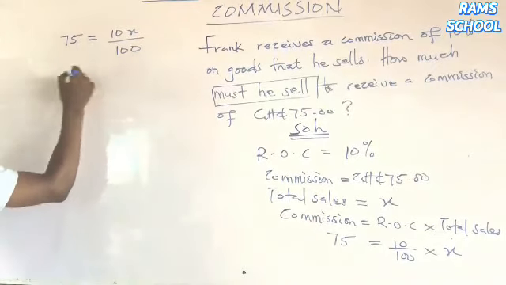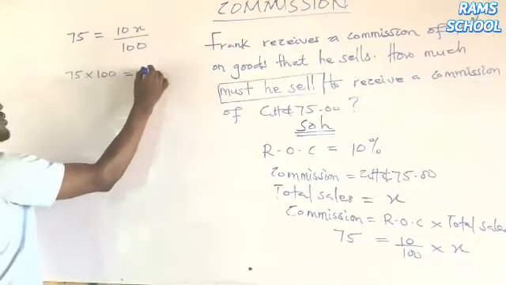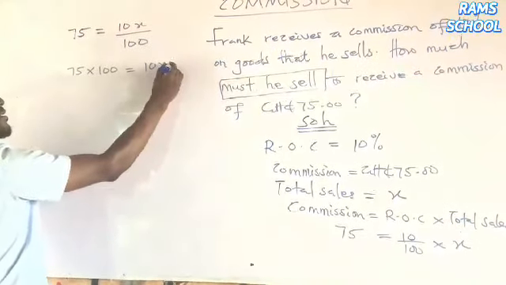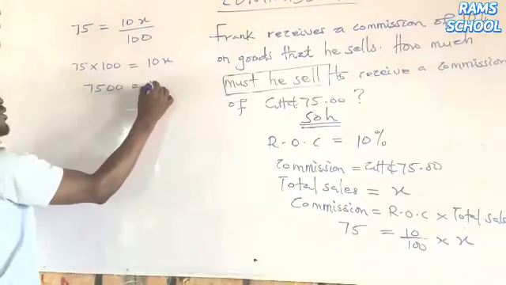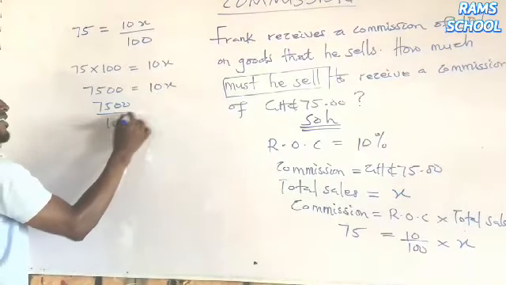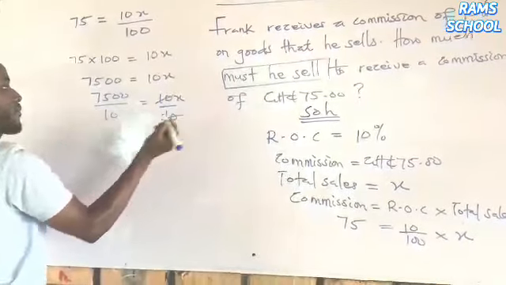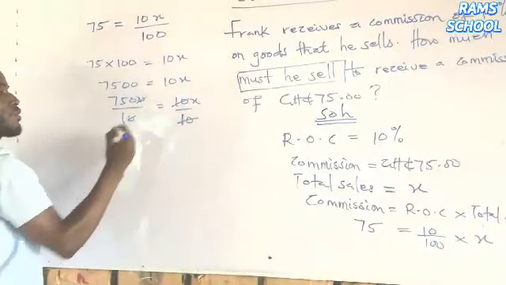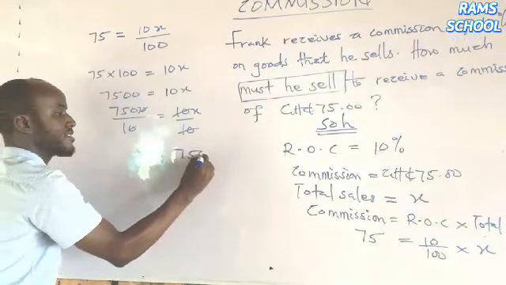Then we cross multiply. So we get 75 times 100 equals 10X. So we get 7,500 equals 10X. Upon dividing both sides by 10, zero cancels out. So we are getting X to be equal to 750.